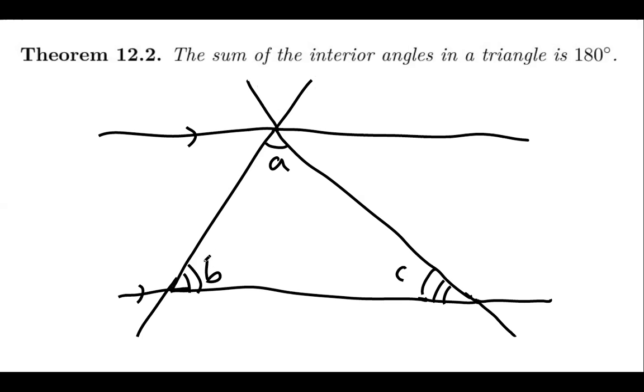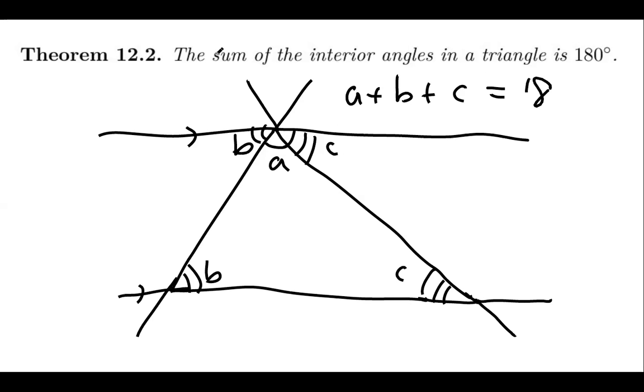The angle that's congruent to B would be here on this side, and an angle that's congruent to C would be here on the other side. And then if we add them up, we notice that they make a straight line with degree measure 180. So that means A plus B plus C equals 180. And since this is also the sum of the interior angles in a triangle, we finished the proof.